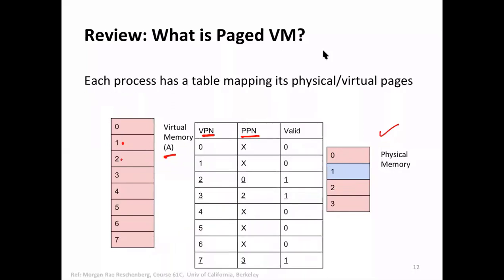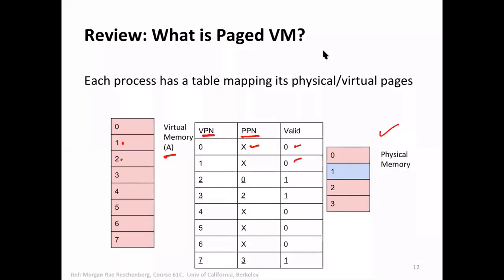Now we can show this same mapping in the table. When we put X in the PPN column, it means that page is not there, it's not valid. So the valid bit is 0.